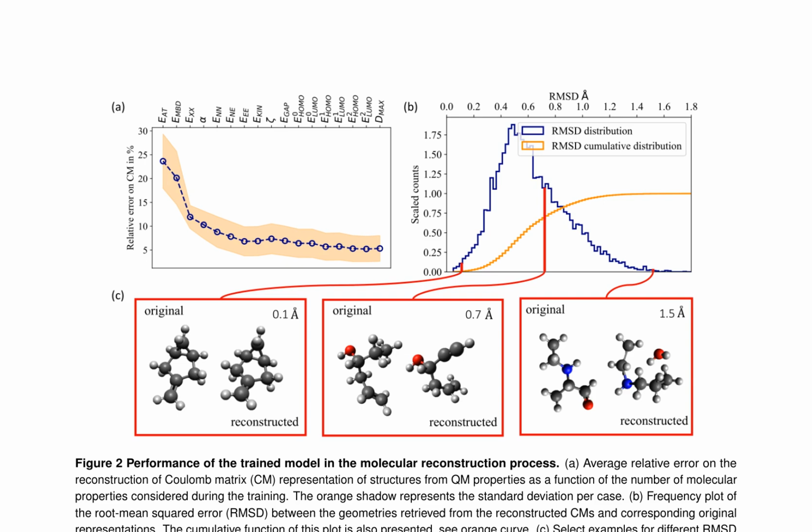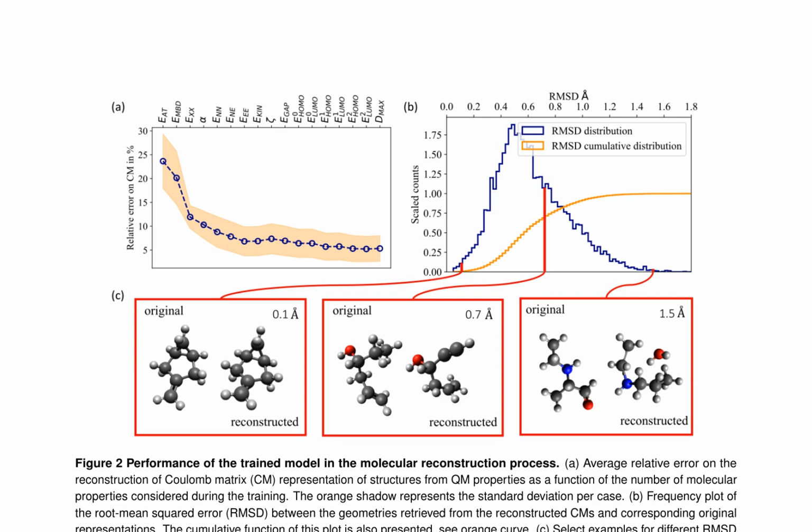A frequency plot of the root mean squared error (RMSD) between the geometries retrieved from the reconstructed CMs and corresponding original representations shows that an RMSD less than 0.7 is an adequate threshold to separate molecules with an acceptable reconstruction of the heavy atom structure in terms of topology and orientation.